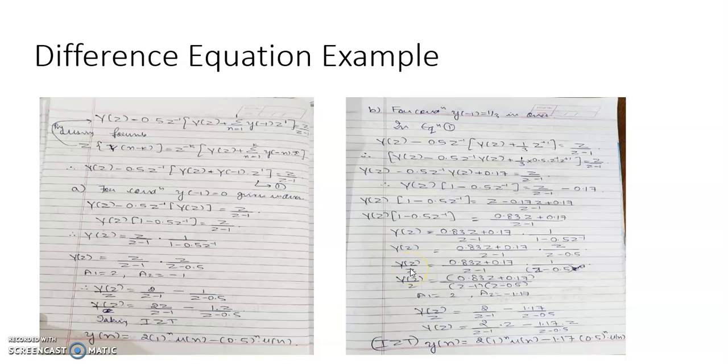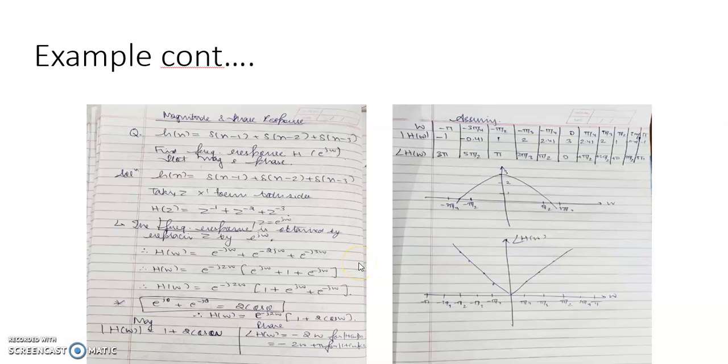You can get another type of example in this module, that is, find the magnitude and phase response. The question will be given to you in the form of h of n. It can be x of n, y of n, anything. Just understand whether you are able to find the z transform of this particular response or not. So take the z transform on both sides.